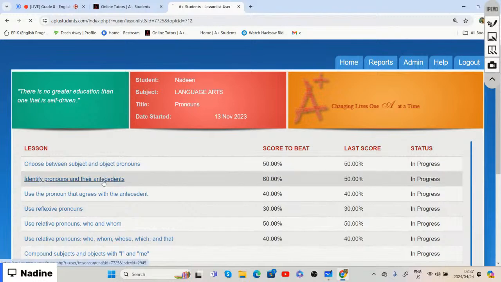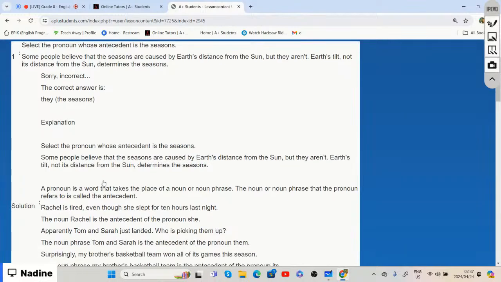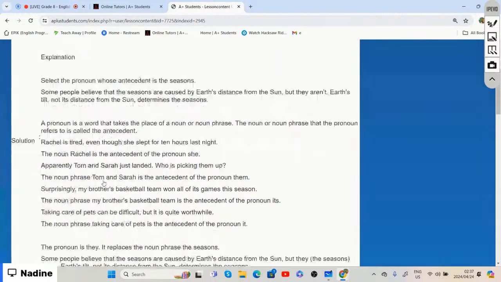So we're going to identify the pronouns and the antecedents now. A pronoun is a word that takes the place of a noun or a noun phrase.